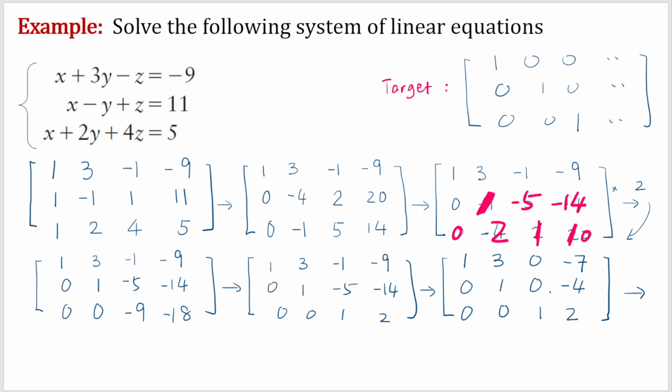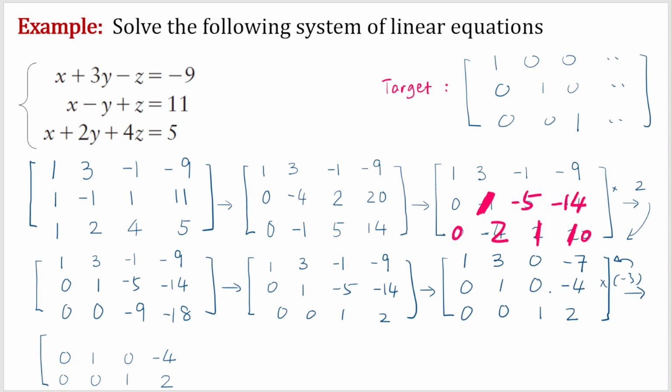And also note that we want to cancel this number here. So we can use the second row times negative 3 and add it to the first row, right? And this will give us, okay, the last row does not change. This row does not change.